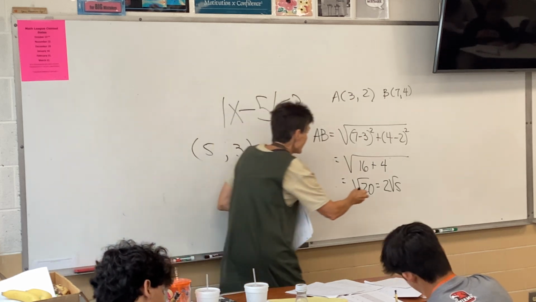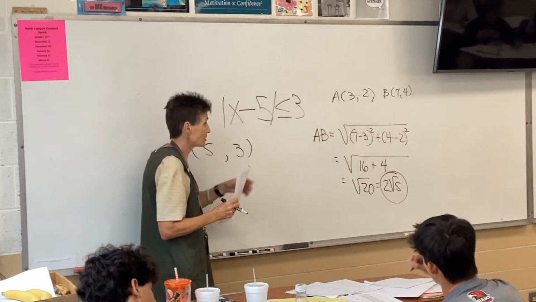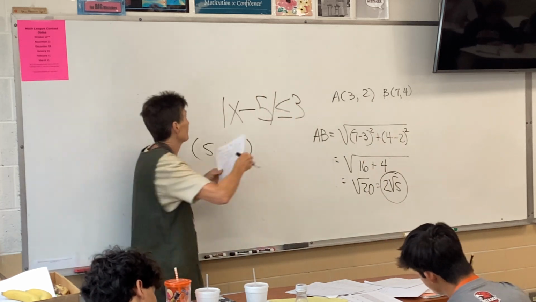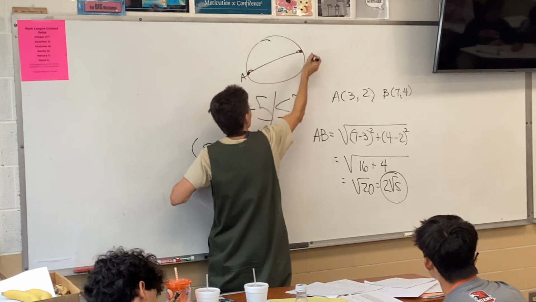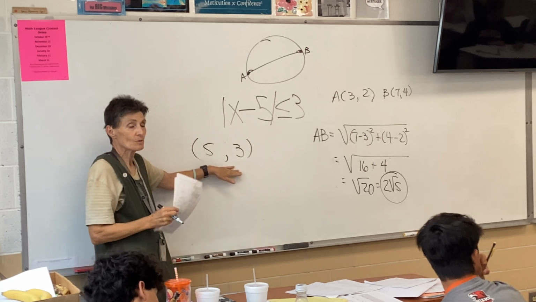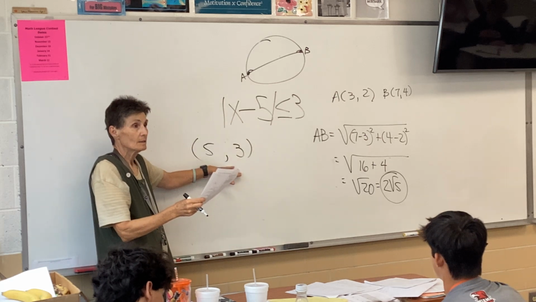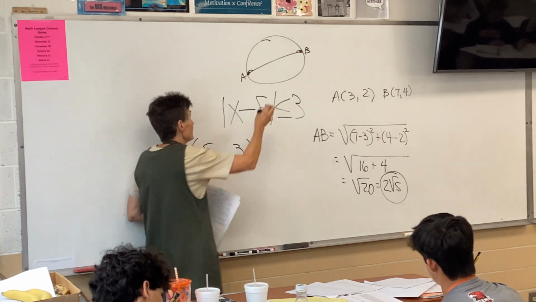So here is the answer to part A. That is the total distance from A to B. Here is the answer to part B. Here's my midpoint.